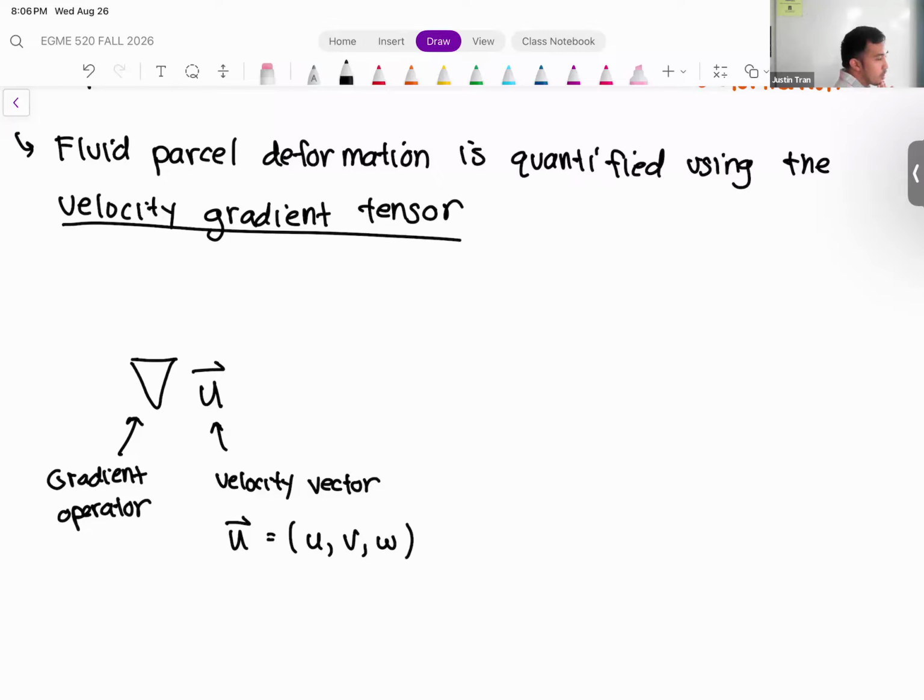All right. So once again, we're pulling from our knowledge of multivariable calculus. If you recall from your previous math classes, a gradient operator takes the derivative of whatever you're taking the gradient of, but you're taking the derivative in all 3 dimensions. So you're taking derivatives in x, derivatives in y, and derivatives in z.